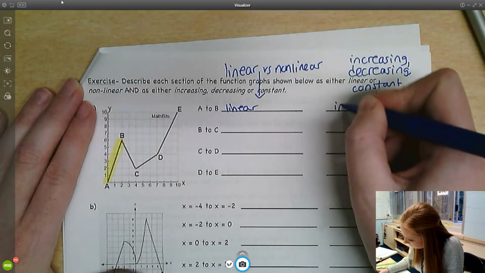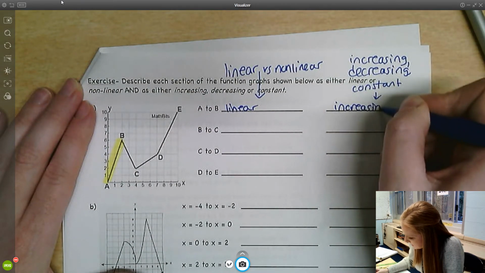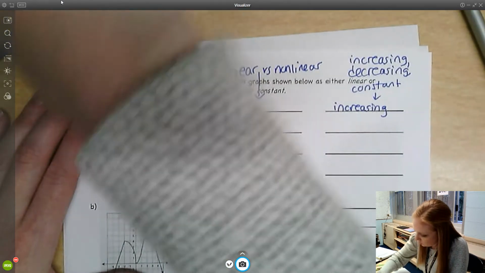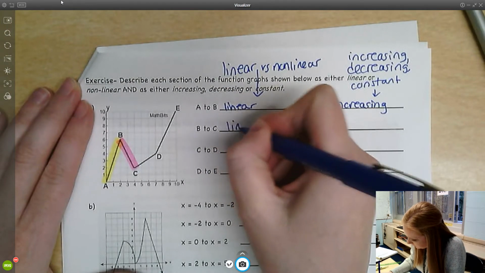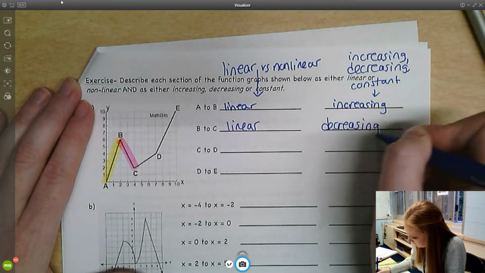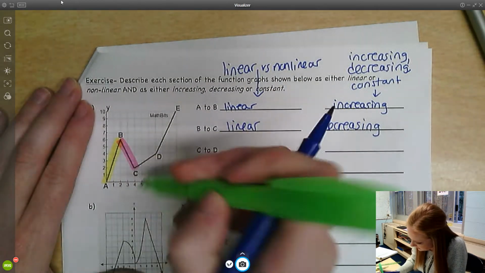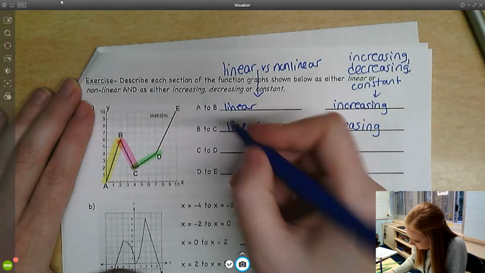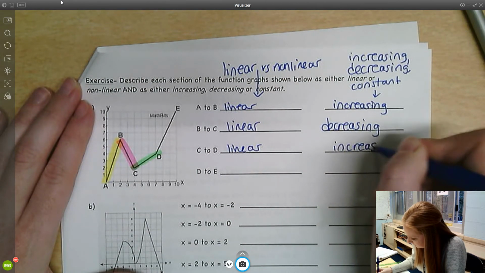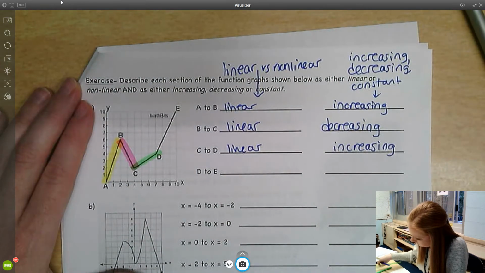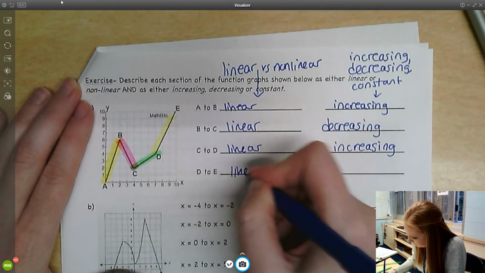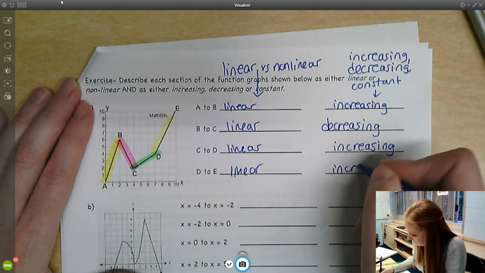And it is increasing. From B to C, we are decreasing, and that is also linear. From C to D, also linear and increasing. And then from D to E, also linear and increasing.